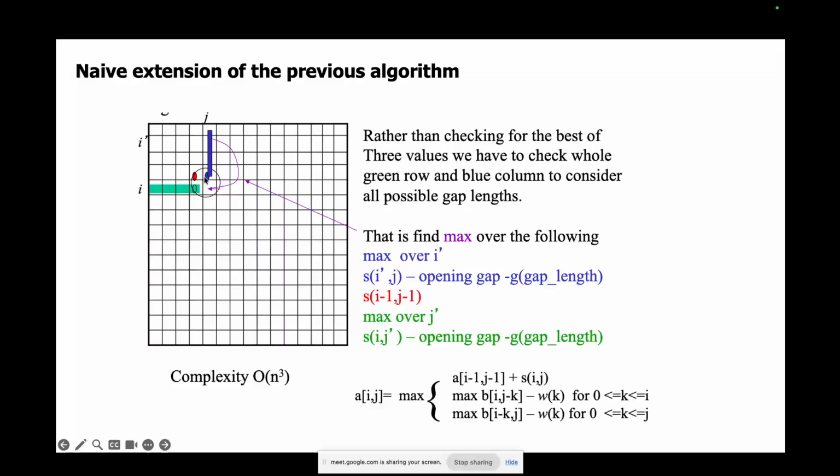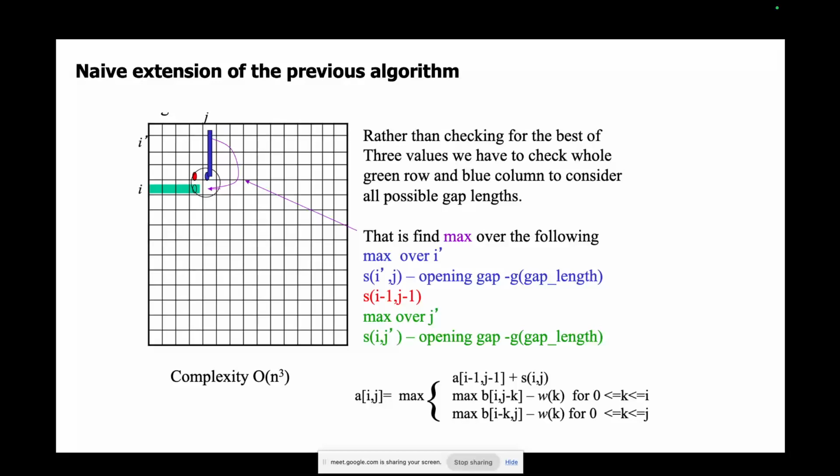We are saying that there can be big gaps possible, and if the score of the big gap is better than the substitution, then maybe the big gap is the better alignment. That is what is limiting in the earlier algorithm. Here we are just expanding that algorithm to include a lot more gaps for the alignment.